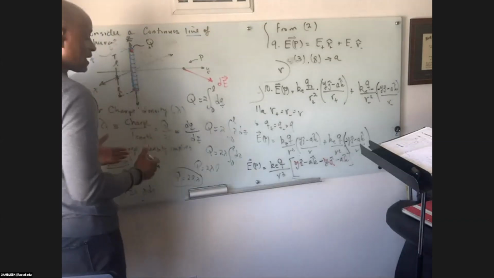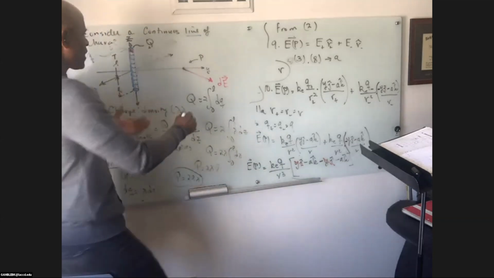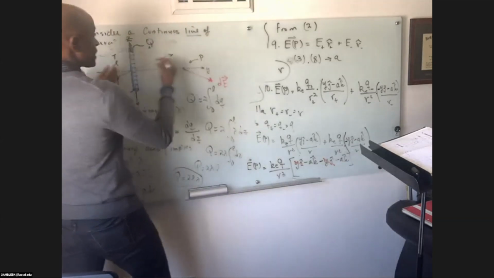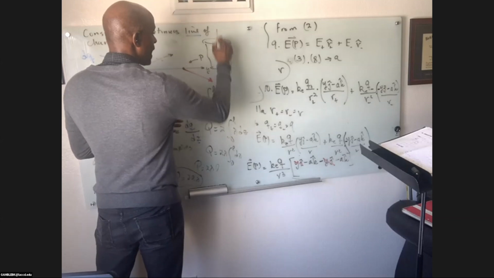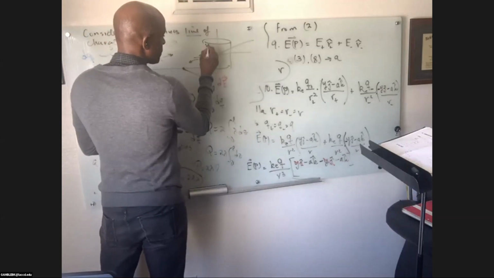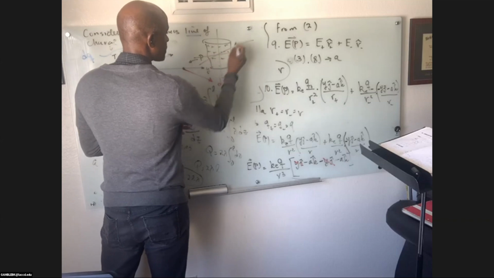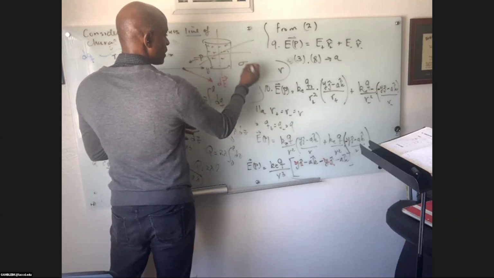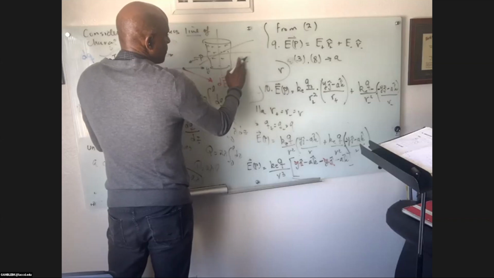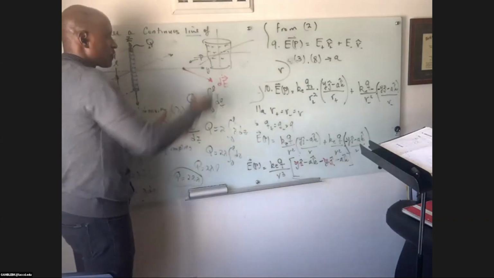In this case, it's linear, but a more complex problem would be, what if it was actually a hollow cylinder, and I had charge distributed over the outside of that cylinder? In that case, you could call that charge distribution sigma. It becomes a double integral where I could figure out the total charge over that surface.